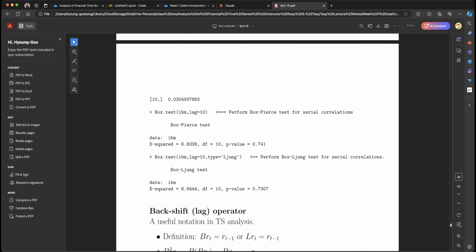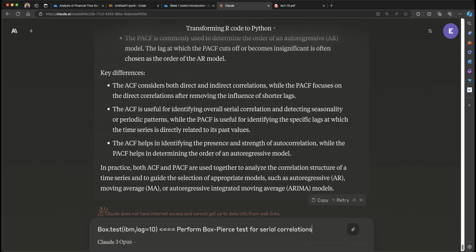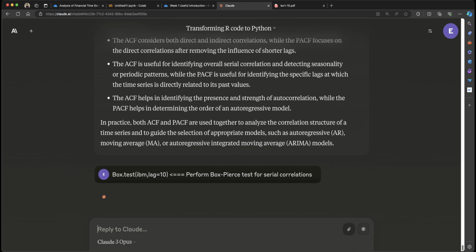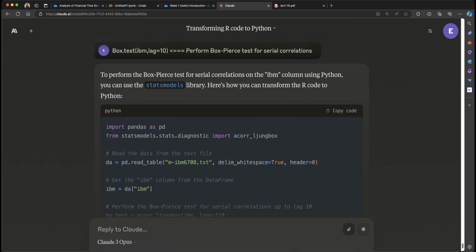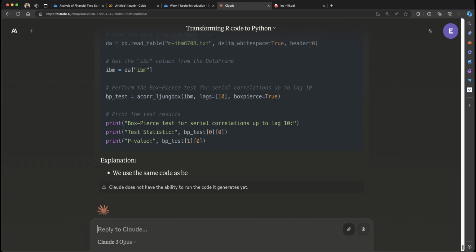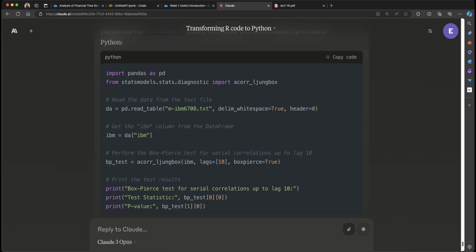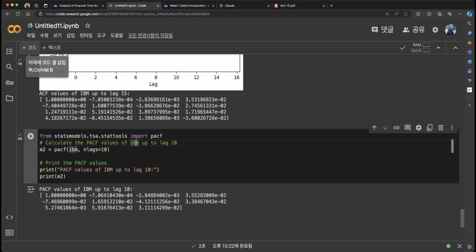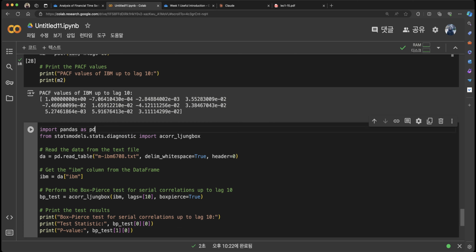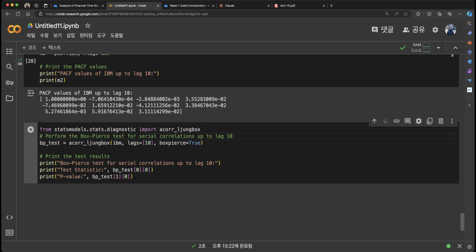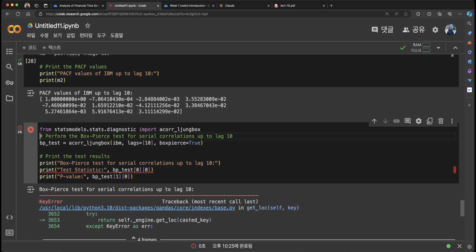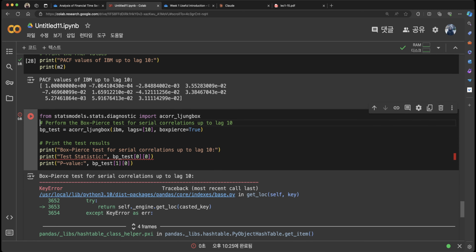Actually we can do this one: to perform the Box-Pierce test for serial correlation, we have copy code. Test, BP test.